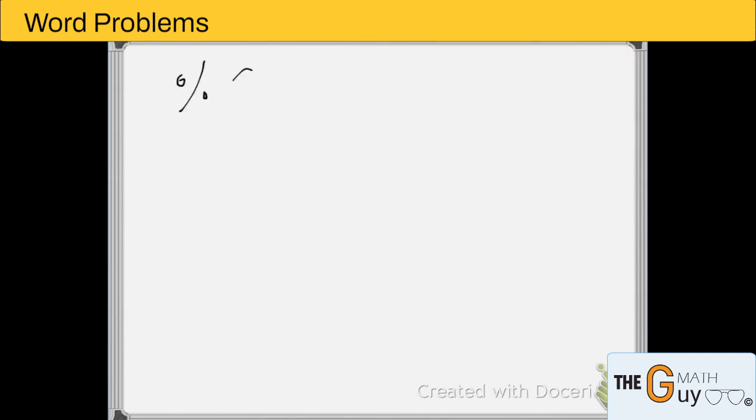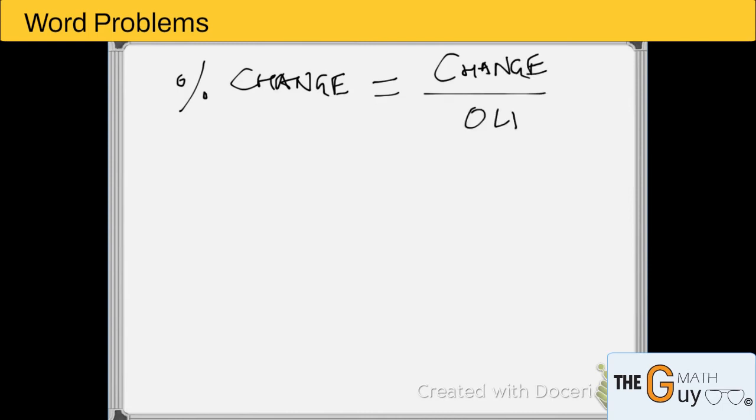There is only one formula for both percentage increase and decrease, so we call it the formula for percentage change. It's the change divided by the old, times 100, because we want to calculate how much that change is as a fraction of the old quantity. And change is nothing but new minus old.